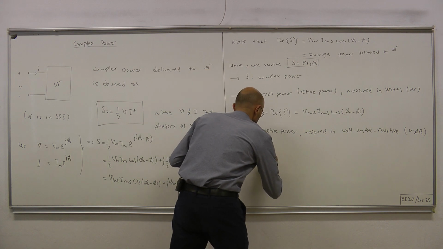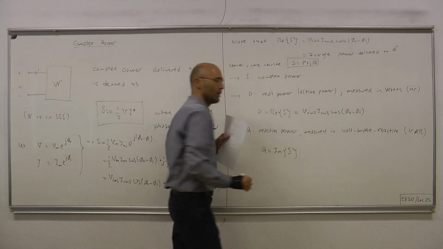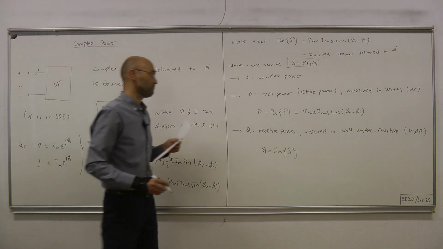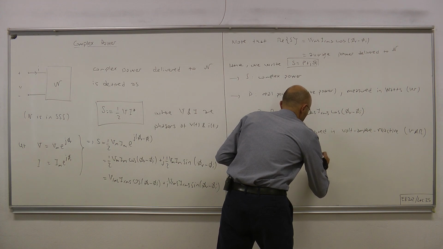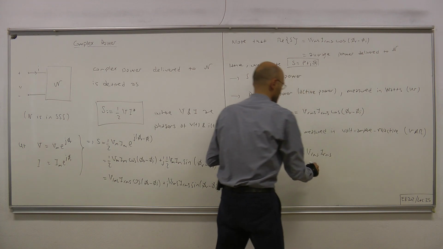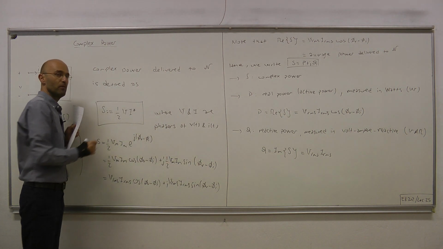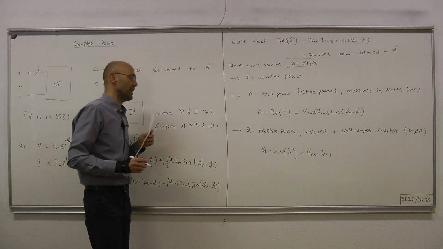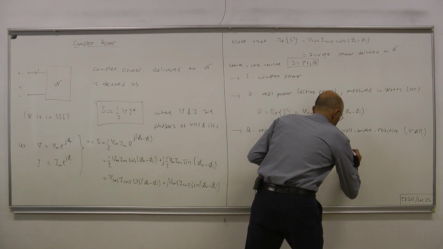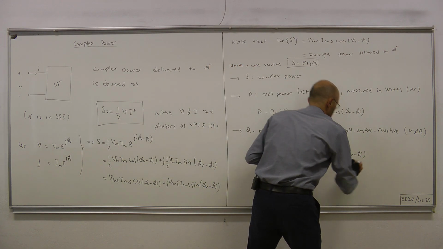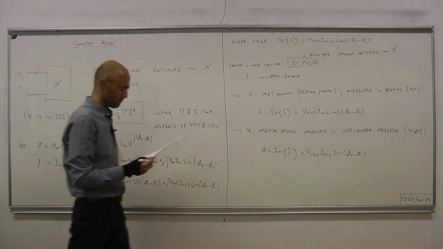And Q is, by definition, the imaginary part of the complex power S. And that equals V RMS, I RMS. Note that this is the magnitude of our complex number, which will also have a name soon enough. Magnitude times the sine of the phase difference, phi V minus phi I.